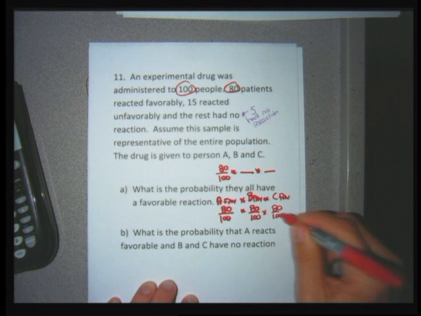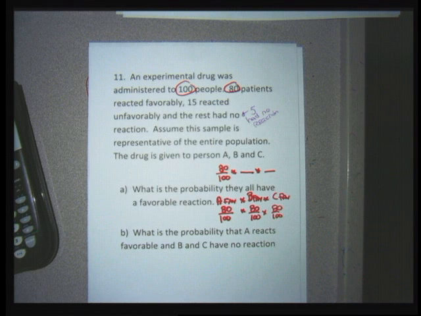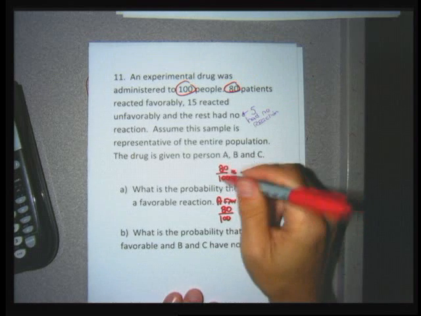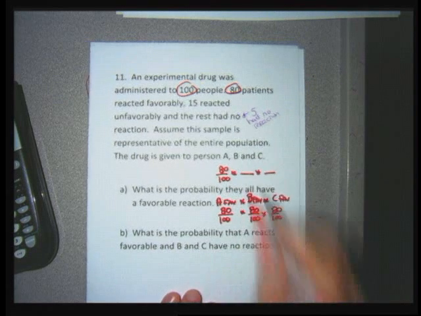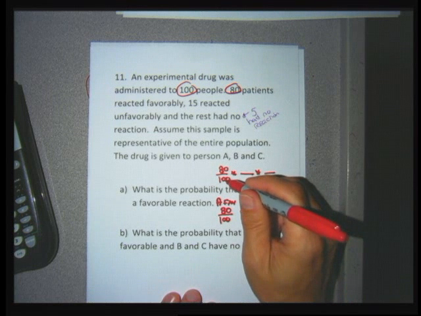The reason the denominators and the numerators don't change is because I'm using the probability from the 100 people that were tested to project onto the population, and I'm not just selecting from the 100 people that were given the test. But if you did this, you said, well, if I started off with 100 people, there are 80 of the 100 that tested favorably.